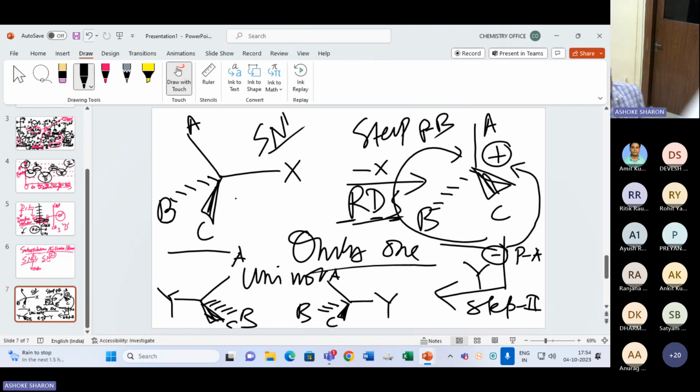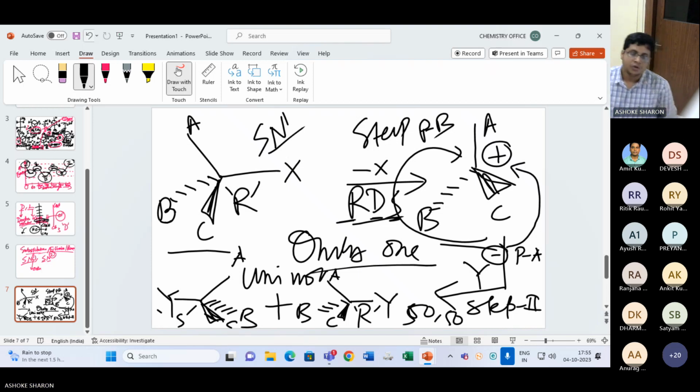Clear? Now the important point, the stereochemistry. Suppose I'm considering this is an R compound. So definitely this will be R, and this should be S. You will get R plus S in a 50-50 mixture.